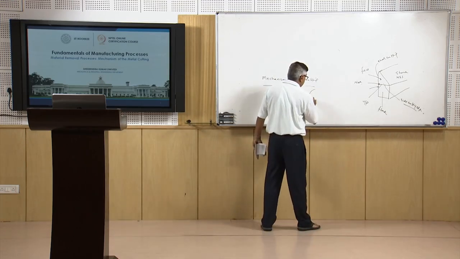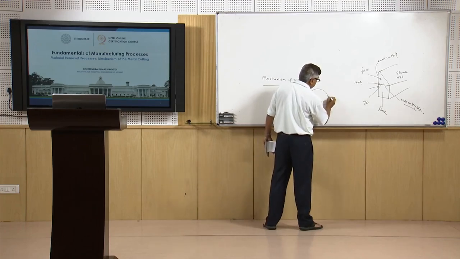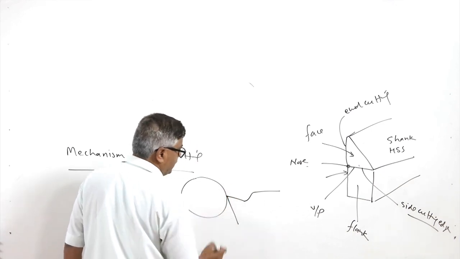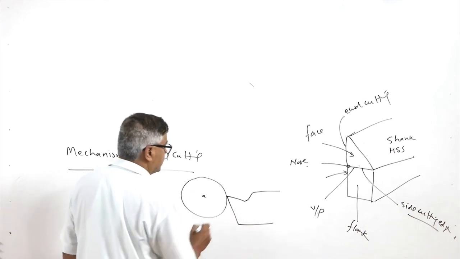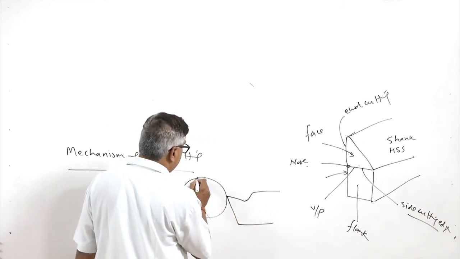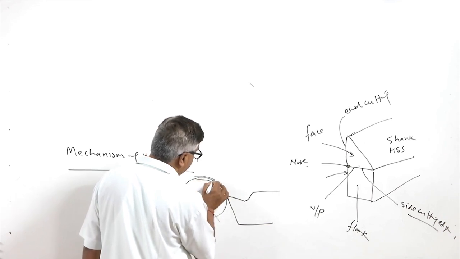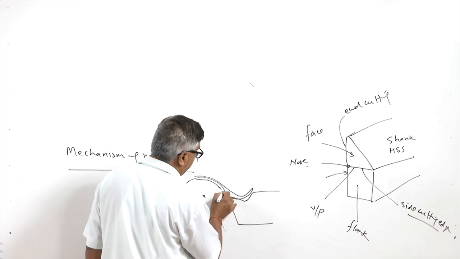Say in case of turning, this is the workpiece, and the cutting tool may have a geometry of this kind. This is the tool, and this is, say, the center of the workpiece. After removal of the material from the workpiece, it flows over the face of the tool, and then it passes through like this.